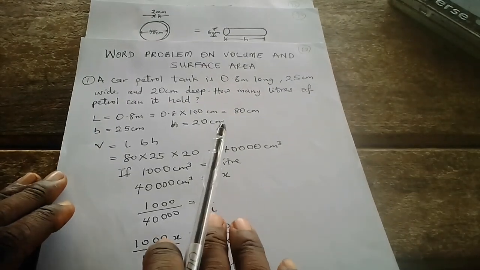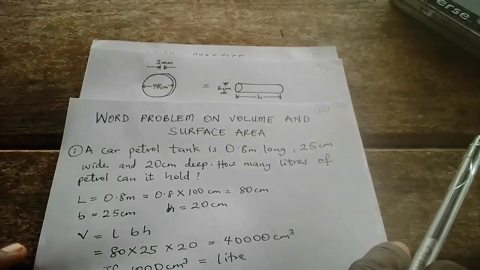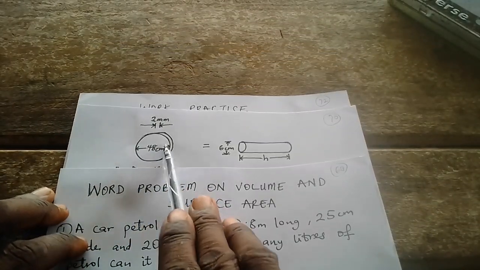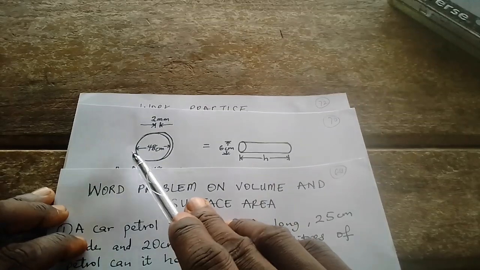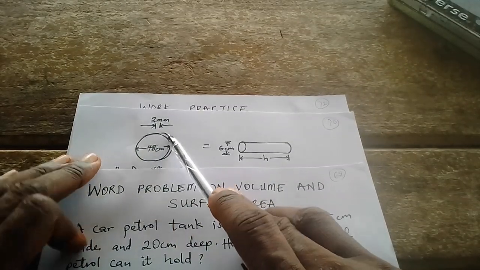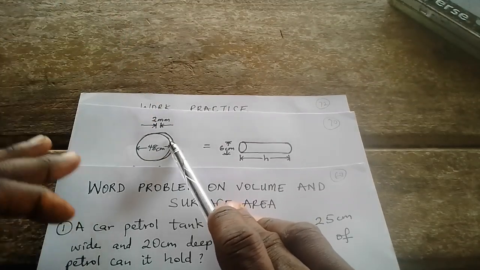Let's say this is the circular metal sheet. They said the diameter is 48 centimeter. The thickness of the sheet, so it is thick by how much? 2 millimeters.